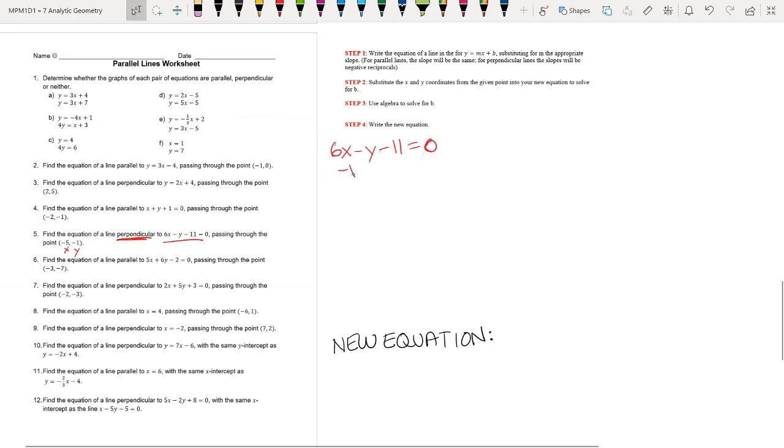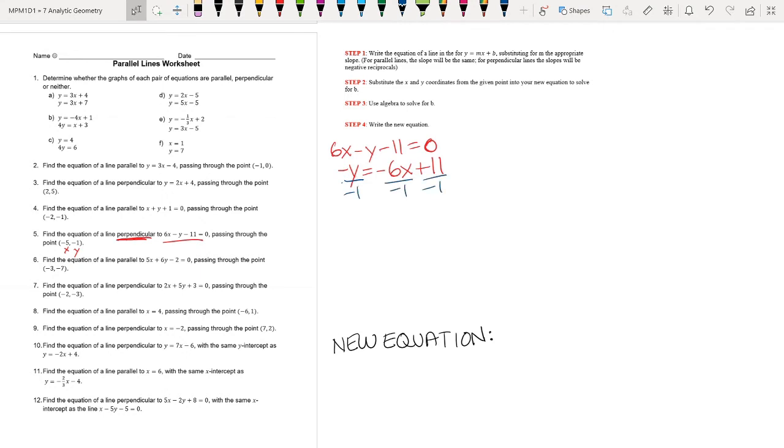And so to do that, I'm going to subtract 6x from both sides, and I'm going to add 11 to both sides. So now I have negative y equals negative 6x plus 11. And now y is not completely isolated because it has a negative 1 multiplying it. To get rid of that negative 1, I'm going to divide everything by negative 1.